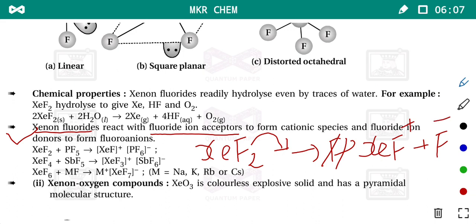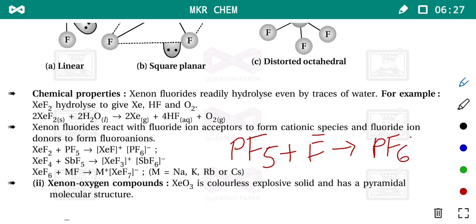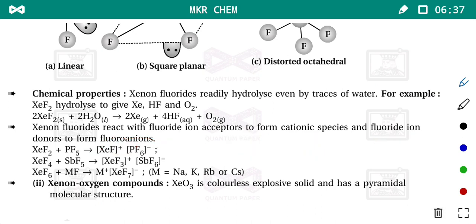So see here it converted into XeF plus, and this fluoride ion is accepted by the fluoride ion acceptor. In chemistry, a fluoride ion acceptor is PF5. This PF5 accepts 1 fluoride ion and is converted into PF6 minus. Combined together it is a complex compound. This one is the positive ion, this one is the negative ion. It is an important reaction, prepare it very well.